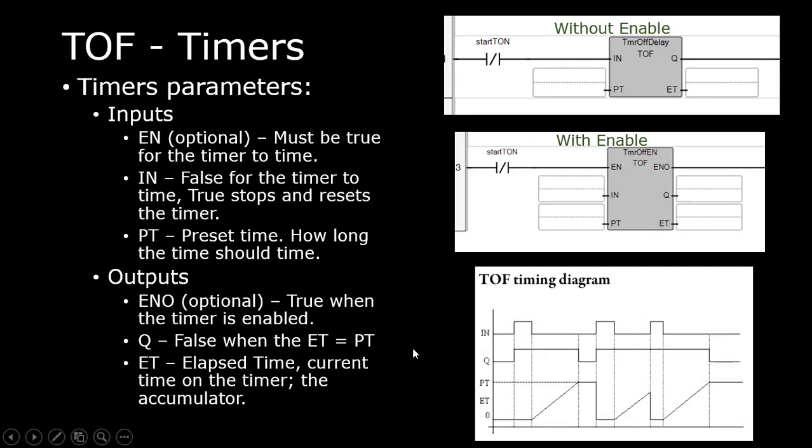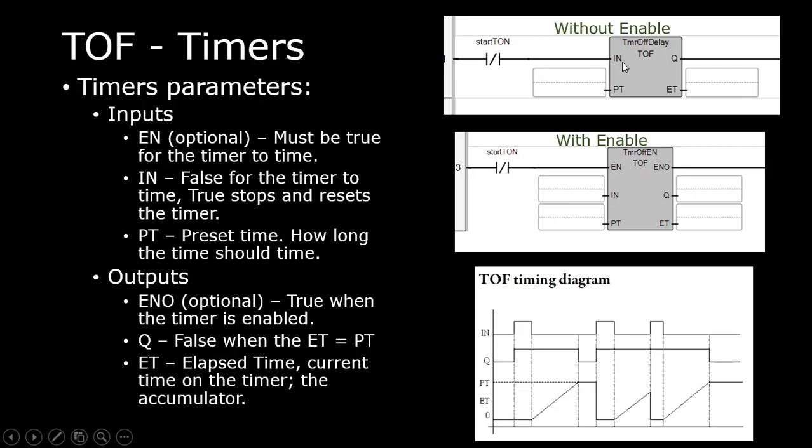Timer off delay timers also work exactly the same way as they did in the Studio 5000 software. Timer off delay timers turn the output that they're controlling off at the end of the timer. Another difference is that these timers time when the input is false.